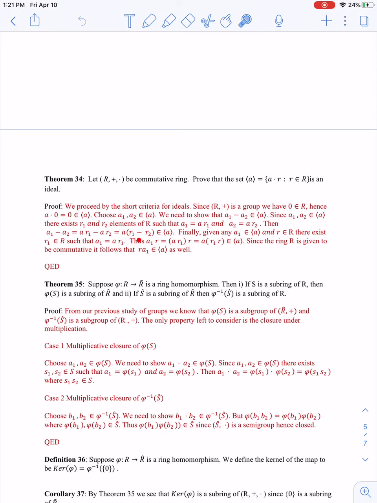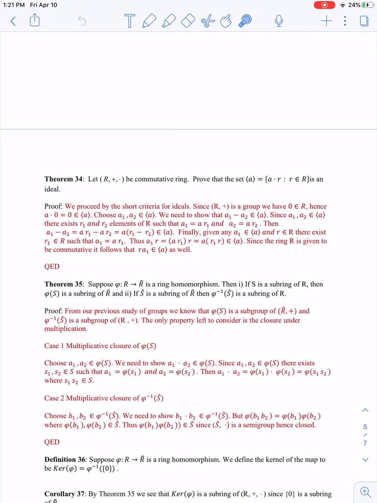I can factor out an A because I have the distributive property, and now it looks like A times something in R. That's exactly what the subring generated by A looks like, right?